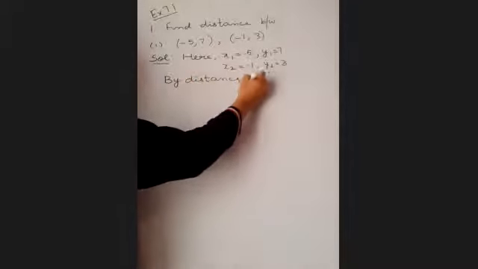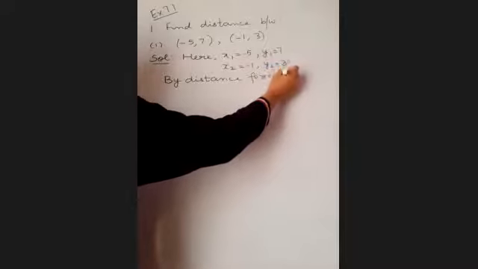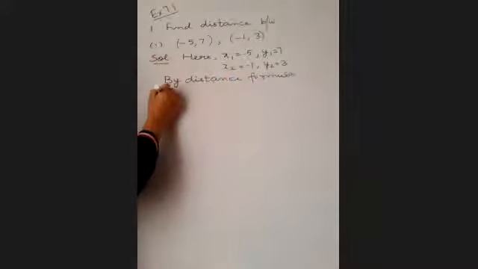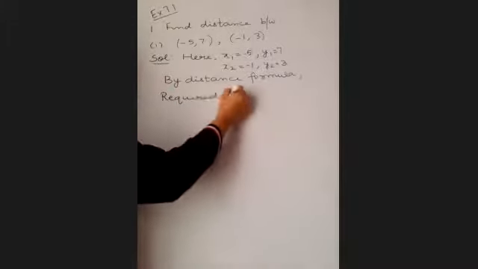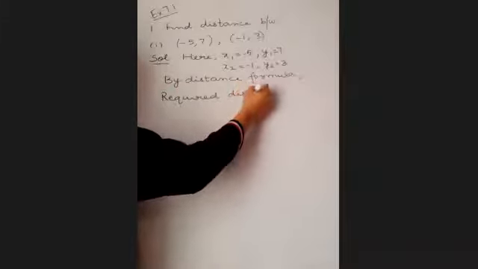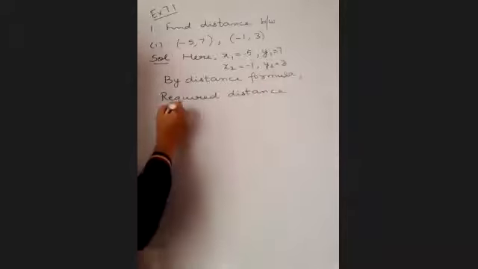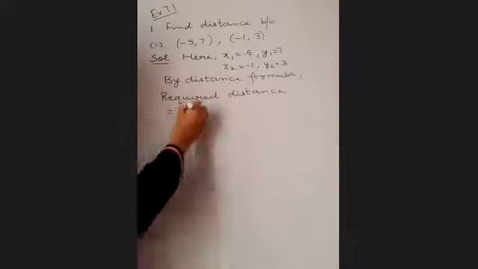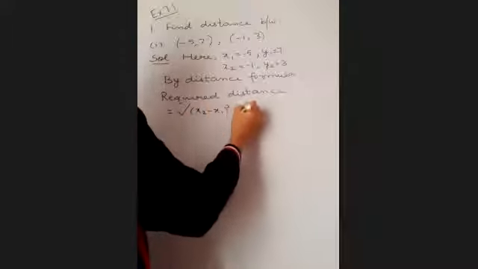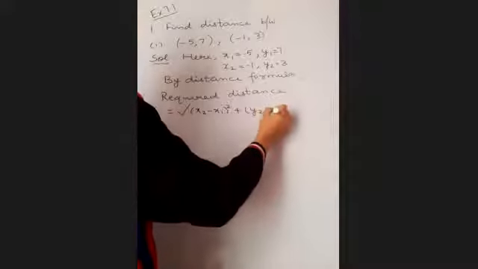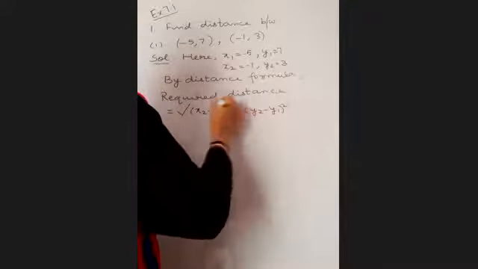You mention this term, okay? By distance formula, required distance. What is the required distance, beta? We know the formula: under root of x2 minus x1 square plus y2 minus y1 square.